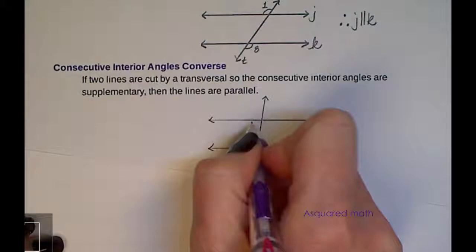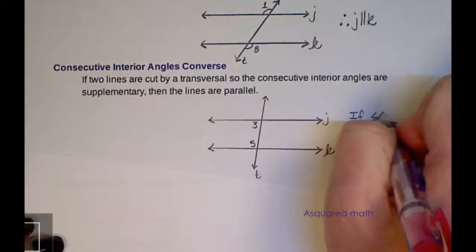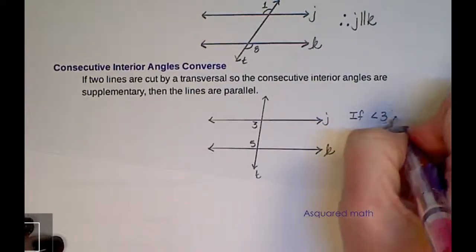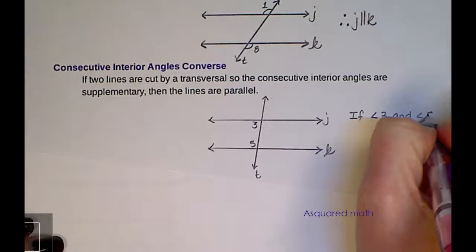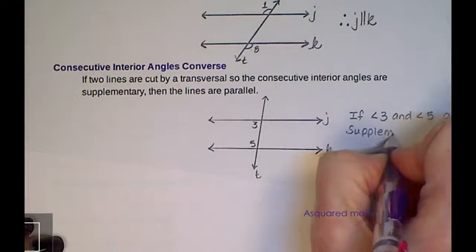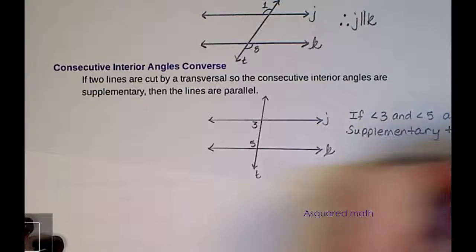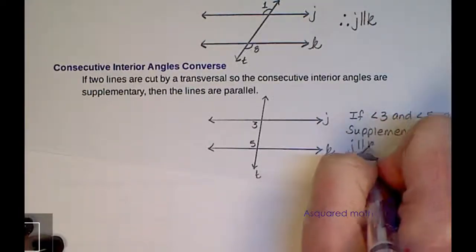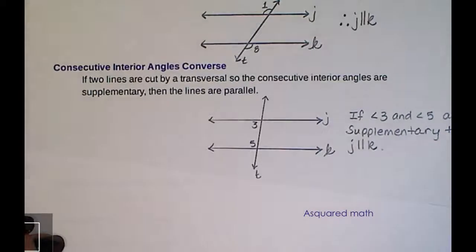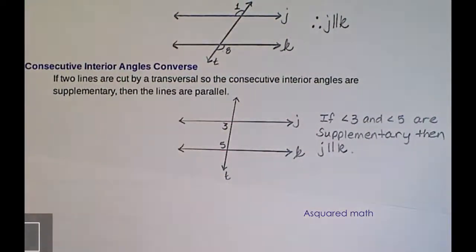So if I take a look at angle 3 and angle 5, if angle 3 and angle 5 are supplementary, then J is parallel to K. Oh, I totally wrote that off of the screen. Sorry about that. So if angle 3 and angle 5 are supplementary, then J is parallel to K.